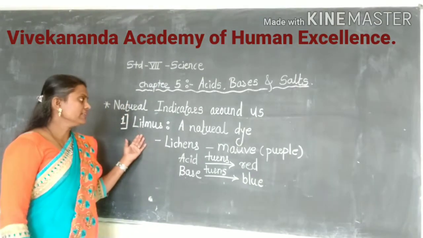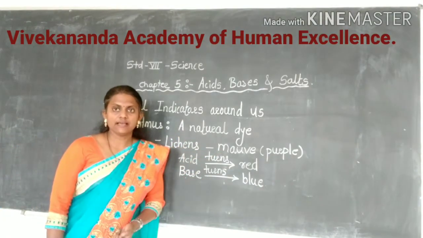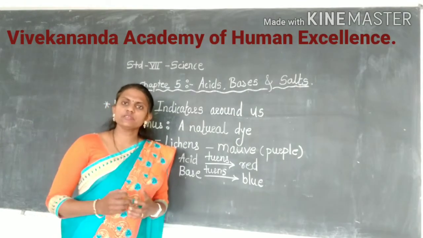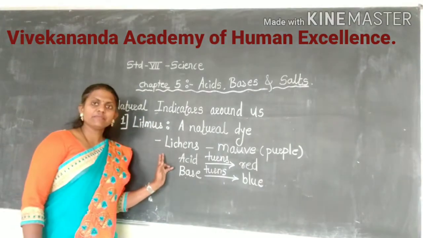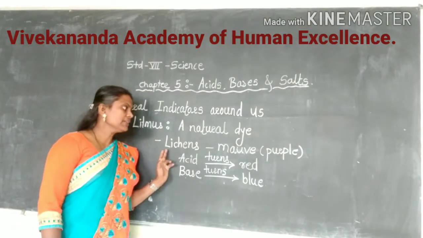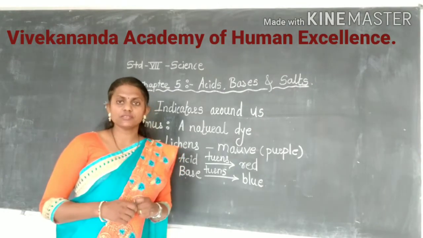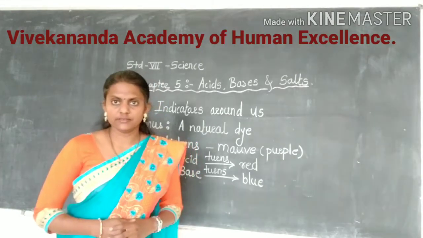Litmus is a natural dye. This litmus solution is extracted from plants known as lichens. When we make this solution, it is purple in color.